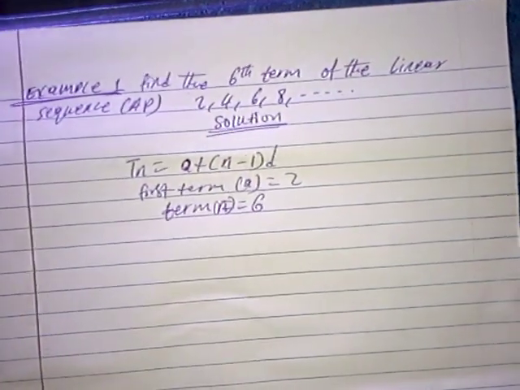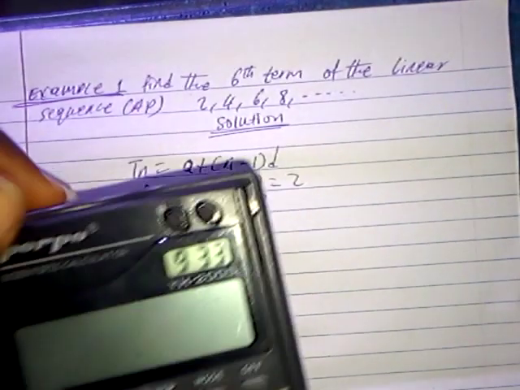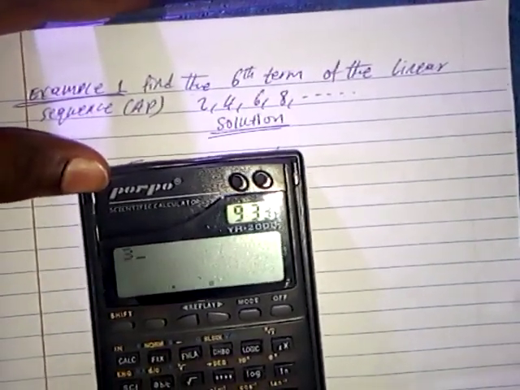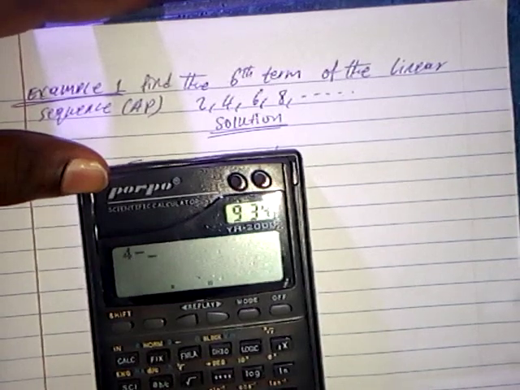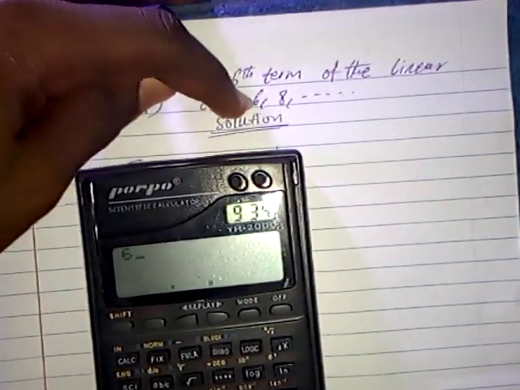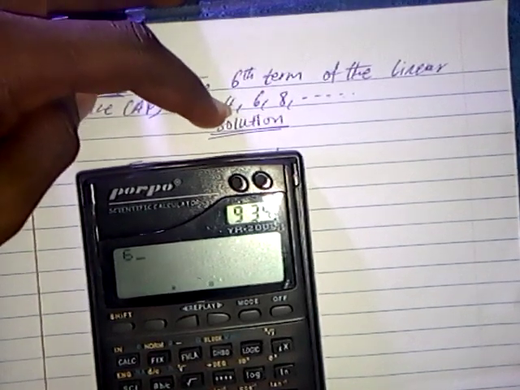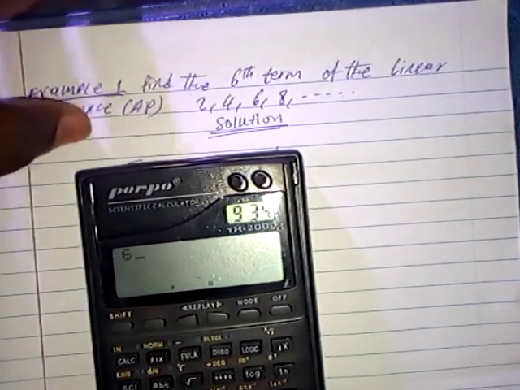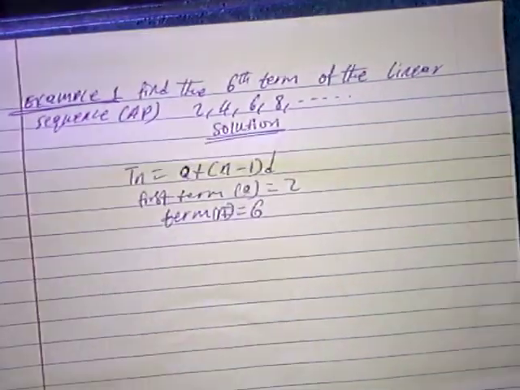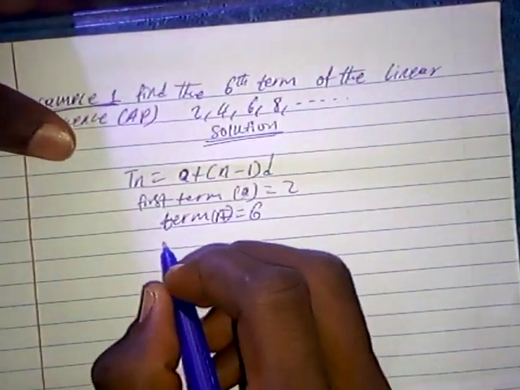Let's see by bringing my calculator. 4 minus 2, you have 2. 6 minus 4, you have 2. Good. That's the common difference.